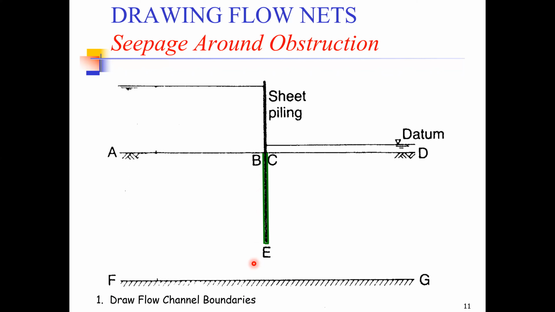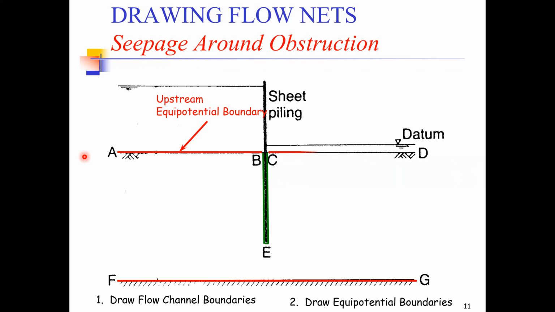Once we have drawn our no flow boundary, in the same way, we can identify our permeable boundaries. Permeable boundaries are important for drawing the equipotential lines. So how can we identify the permeable boundaries? The permeable boundaries are represented here by these red lines for your convenience.